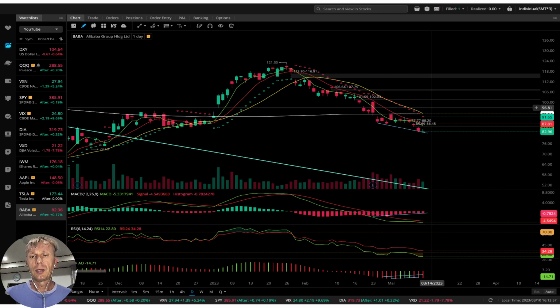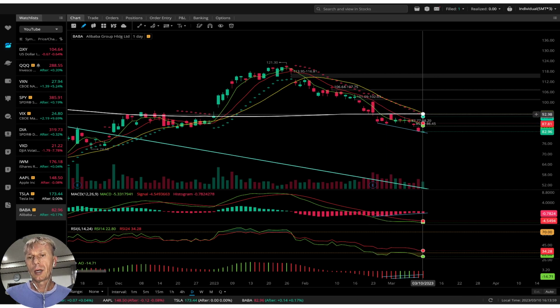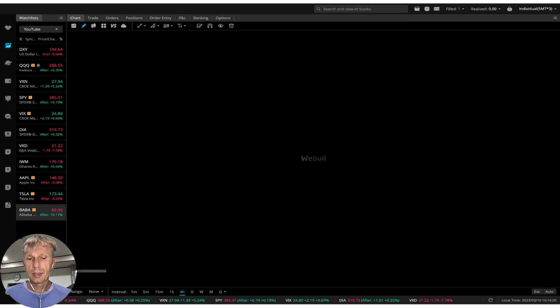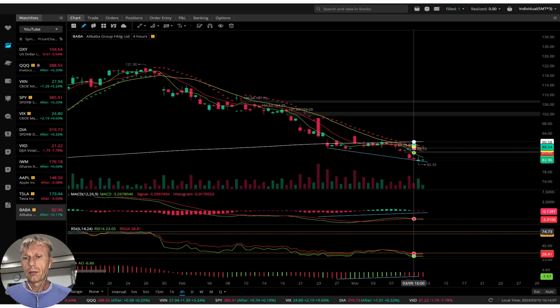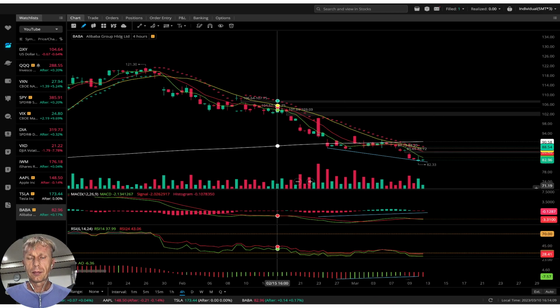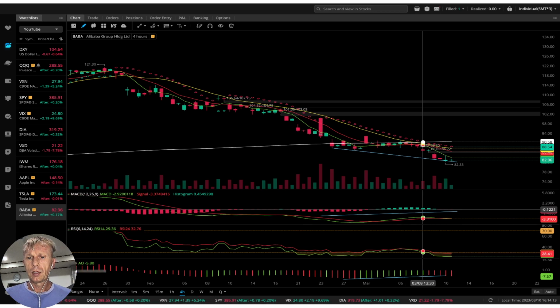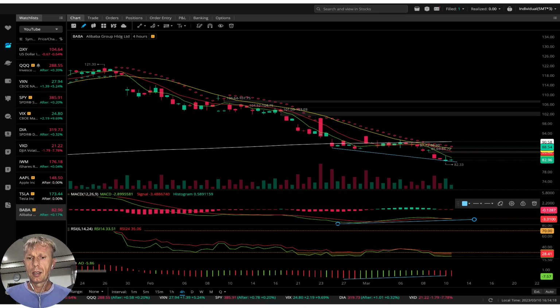MA20 did bearish crossover over 200. It is very bearish, right? Very bearish. 4 hours time frame, let me maximize it. Bullish divergences on the MACD, on RSI very oversold, oscillator bullish, right?